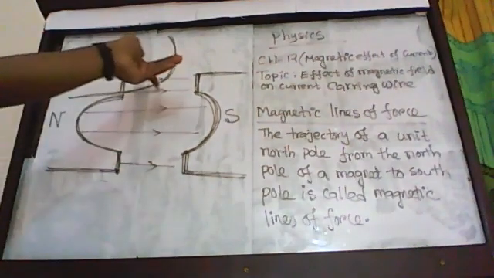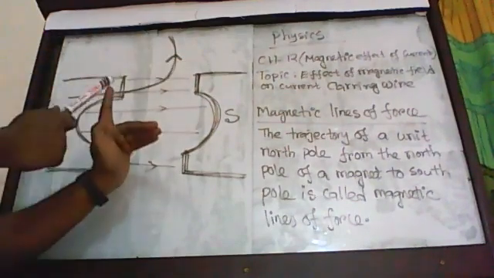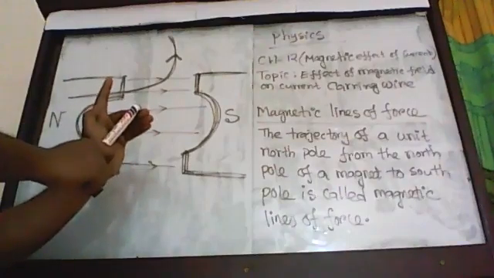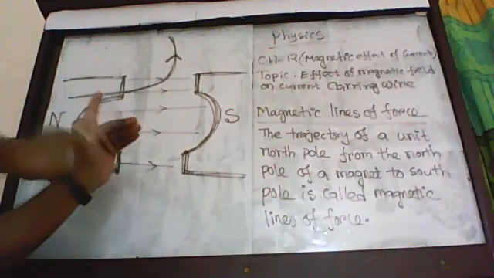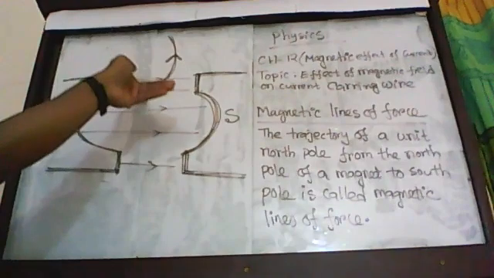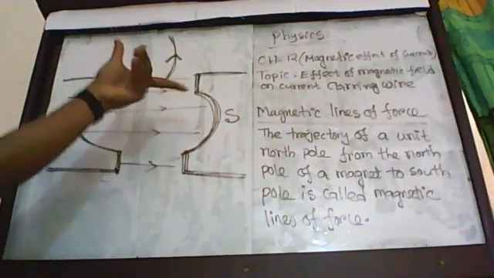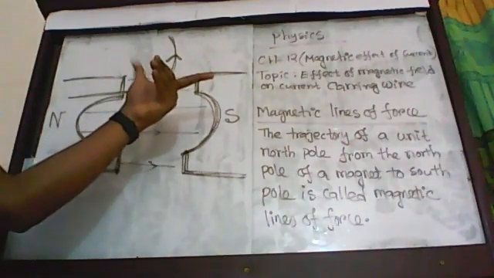In this case, one finger indicates the direction of current, and the other indicates the direction of the magnetic field of the horseshoe magnet. Then you see your thumb. Your thumb indicates the direction of the resultant force.